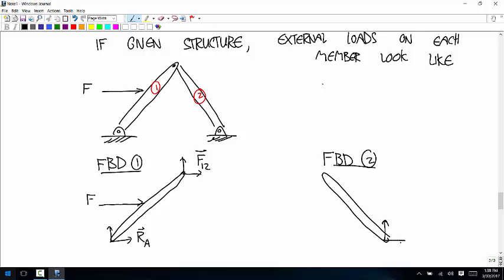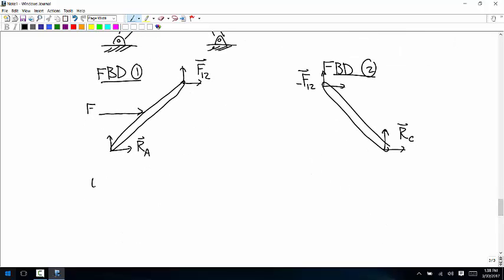We have a force vector RC, and then up here a force vector negative F12. What is it that keeps us from doing internal loads calculations with these 2 beams?